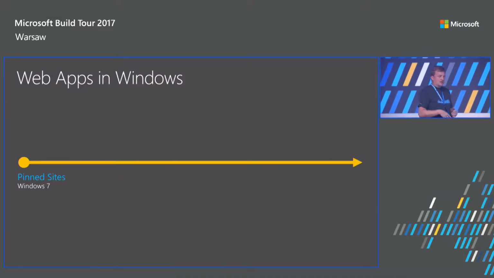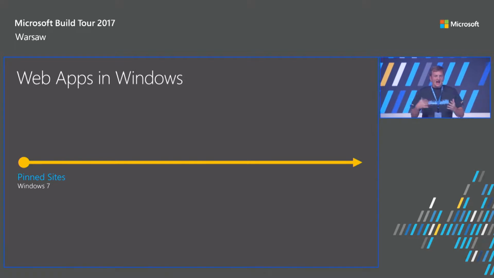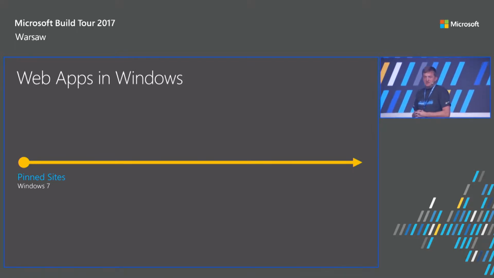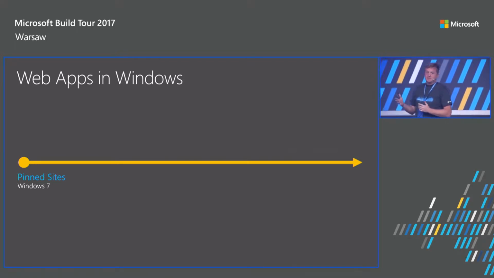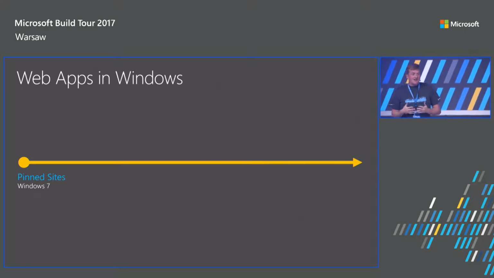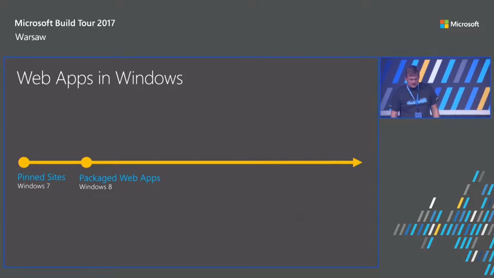All right, so the history of web and Windows goes back quite a ways. It actually started all the way back in Windows 7 when we allowed you to create apps on Windows 7 by having pinned sites. Pinned sites gave you the ability to create bookmarks that existed outside of the browser. So you could add a pin to your desktop and open up a website directly.